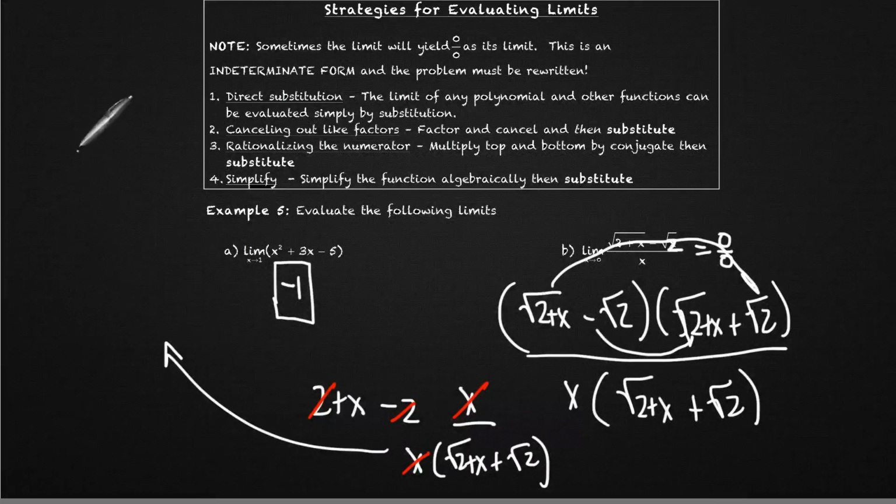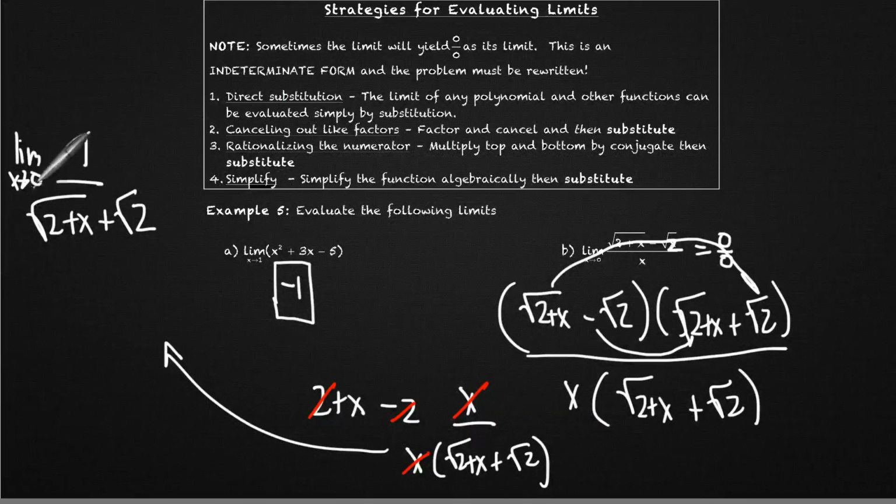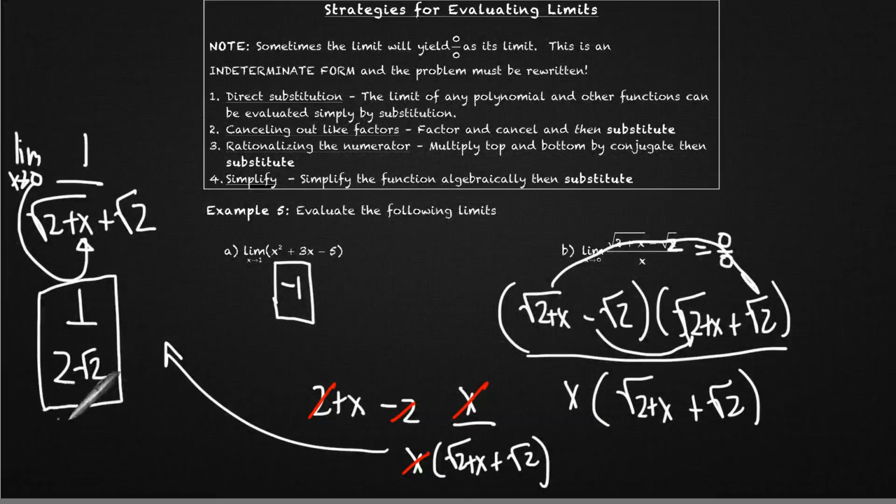That is simply going to leave you with 1 over square root of 2 plus x plus root 2. Now, my friends, you can determine what the limit as x approaches 0 is. Take the 0, plug it in, and now what you're going to have is 1 over root 2 plus root 2, which is just 2 root 2. So there is the answer to this limit problem.